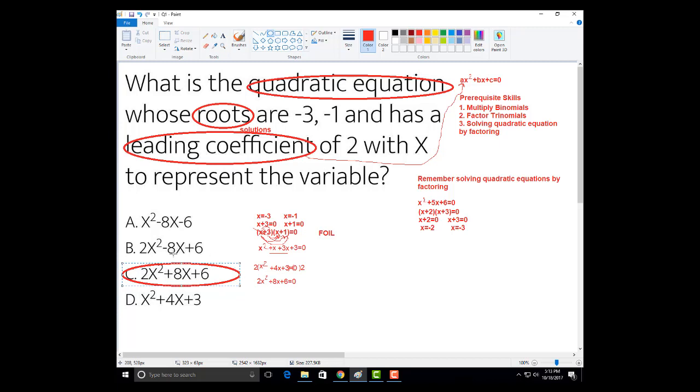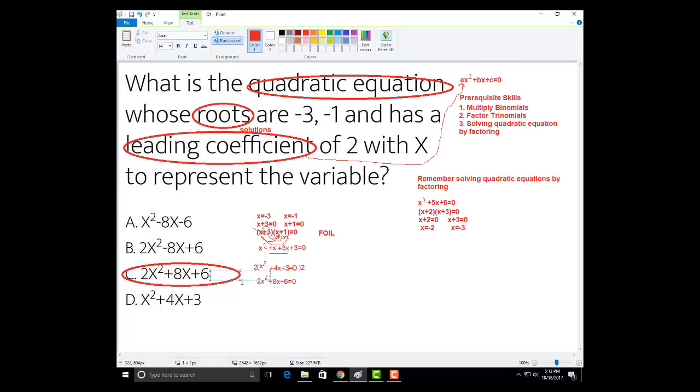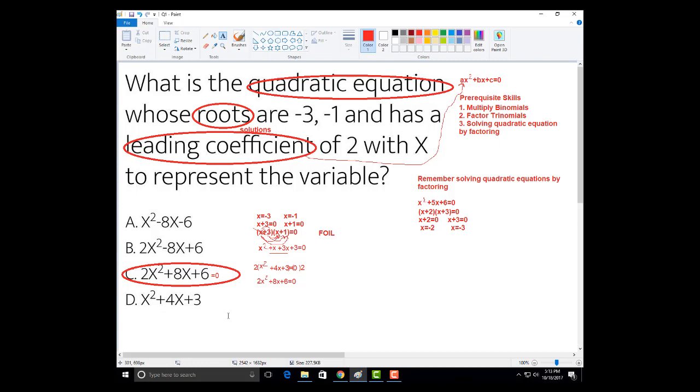This is not a quadratic equation because it's not an equation. Equations have two expressions set off by each other with an equal sign. So for this really to be a quadratic equation, it would need to say 2x squared plus 8x plus 6 is equal to 0. Now it's an equation. Now it's really right.